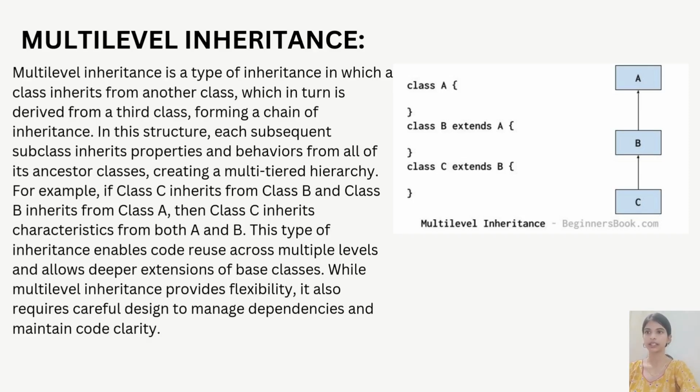This type of inheritance enables code reuse across multiple levels and also allows deeper extension of base classes. While multi-level inheritance provides flexibility, it also requires careful design to manage dependencies and maintain code clarity.